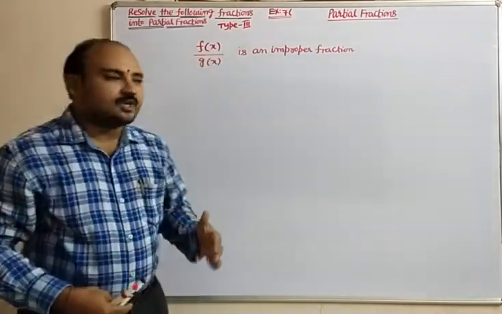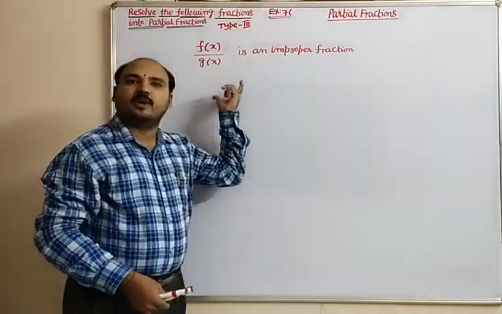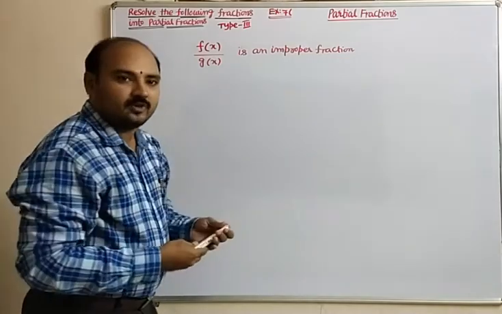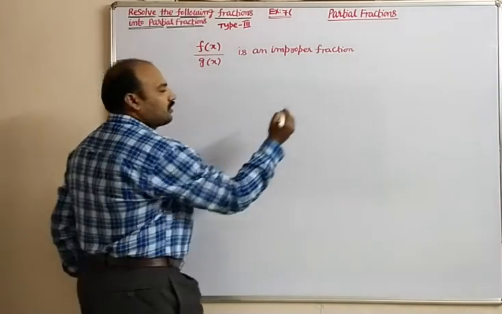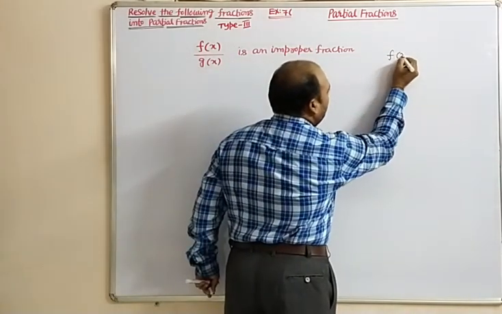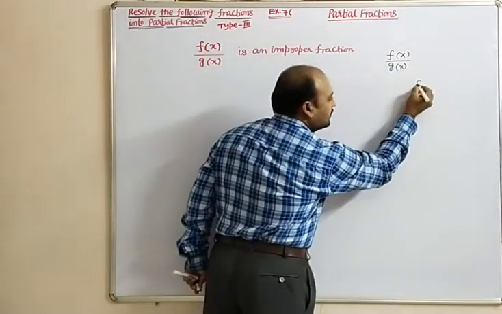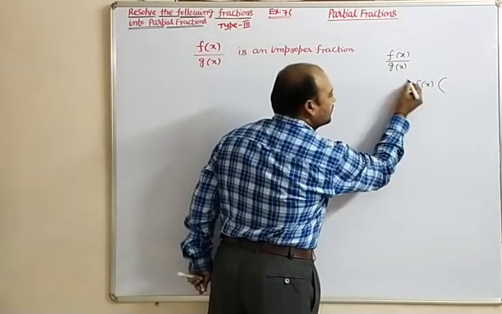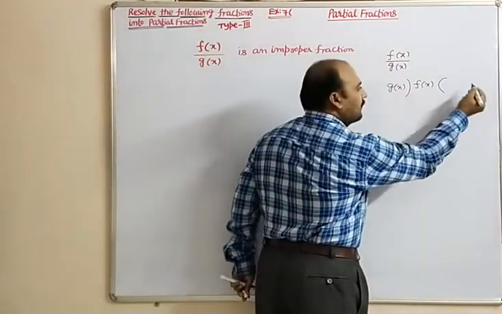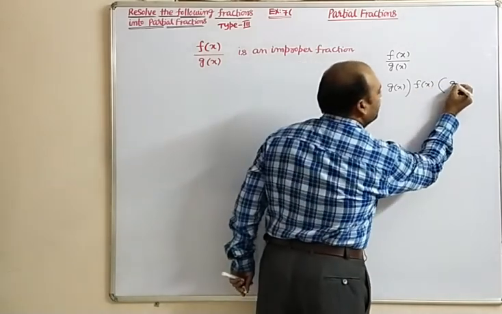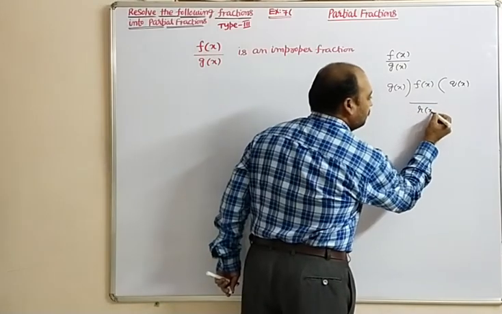First, by using the division algorithm, the given improper fraction can be converted into a proper fraction. See how it is. F of x divided by g of x. That means f of x is divided by the function g of x. We multiply the divisor with some function, that is the quotient, and after that we get some remainder.